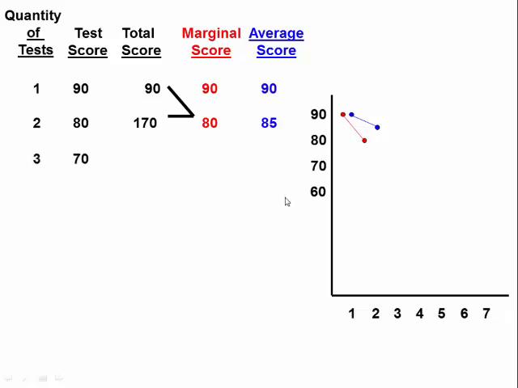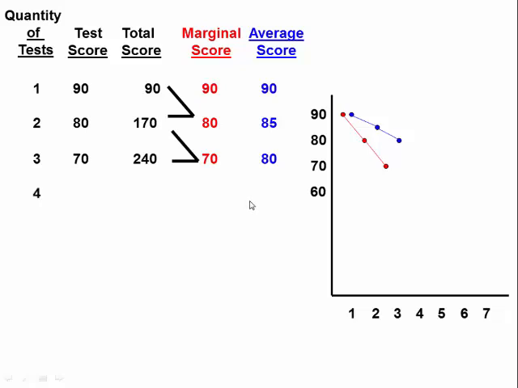We're still in the micro, which is a lot of difficult graphing, and you get 240. The marginal score then is the change in the total, which is 70, and the average is 240 divided by 3 gives you 80. So let's go ahead and plot that. The marginal is going down and it's pulling the average downward.